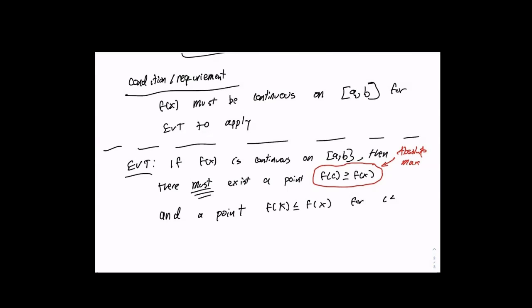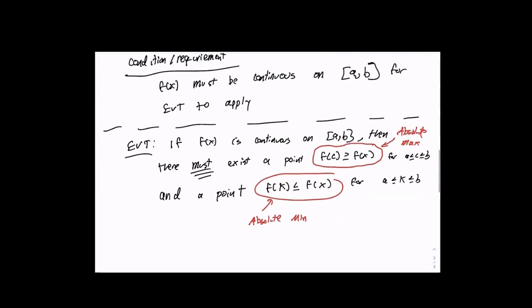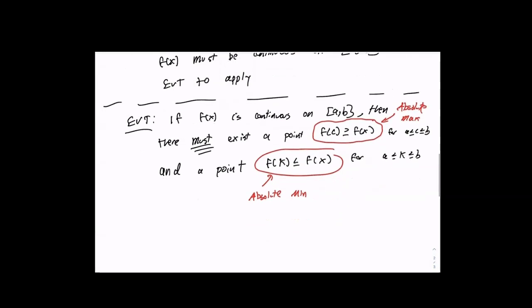Oh, I missed this part of it. Sorry, for a less than or equal to c less than or equal to b. And this one right here is for a less than or equal to k less than or equal to b. And once again, this part right here is just referring to an absolute minimum.